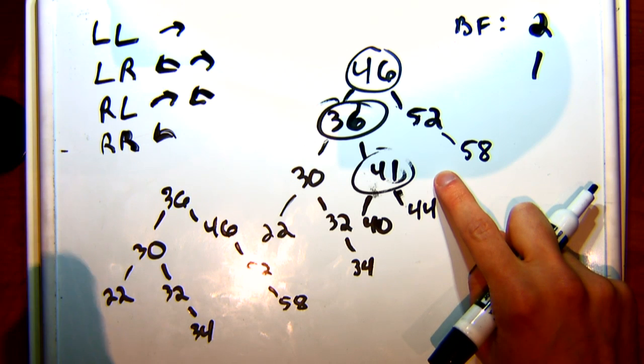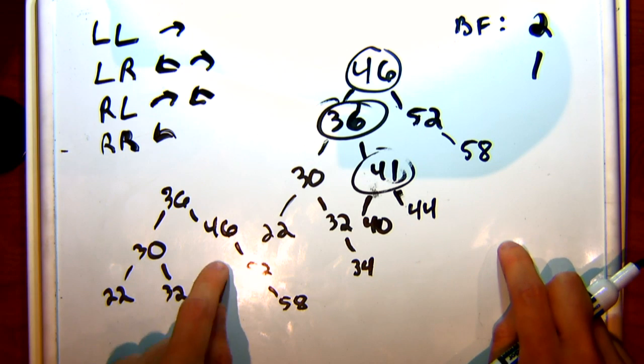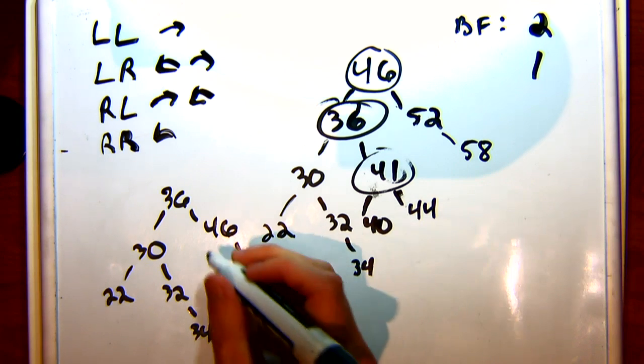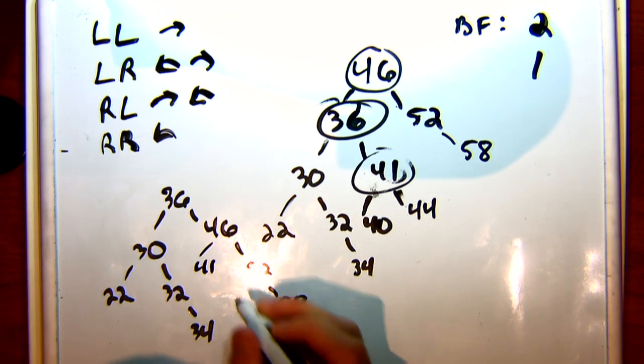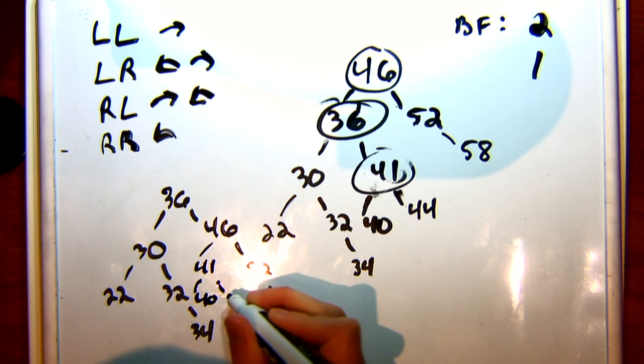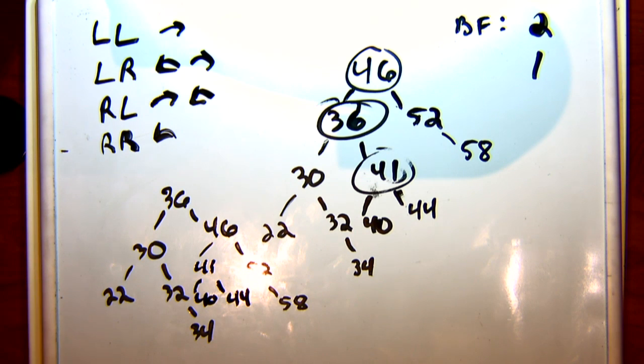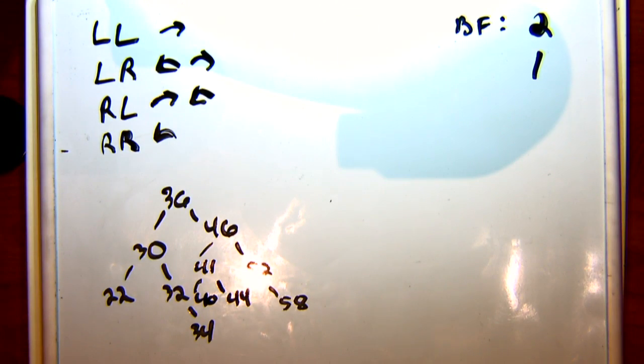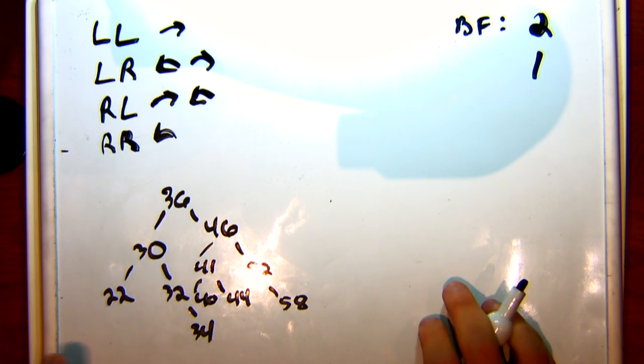The 46? Yeah, so the left of 46. This 41 can still fit in there. And so we put it in there. It's kind of a messy tree, but it is balanced, trust me. So we inserted 34, that's what caused the imbalance.